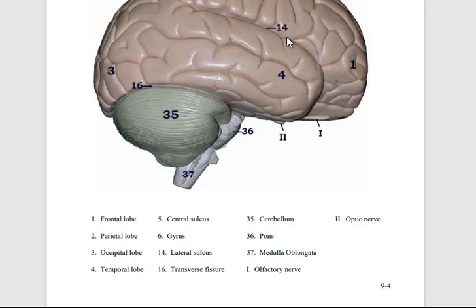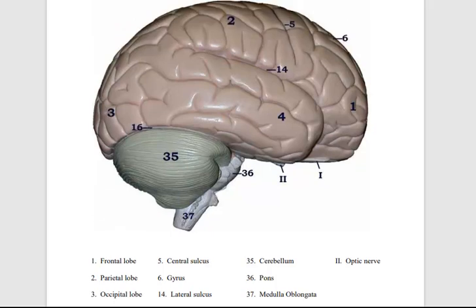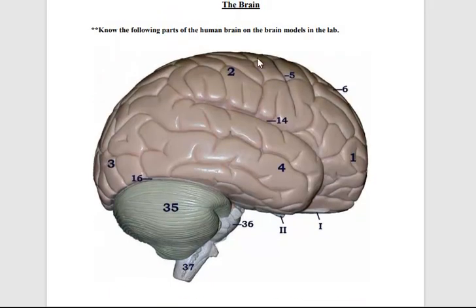And then the central sulcus is the one that's mislabeled, and it's the one that comes down right here and meets 14, the lateral sulcus. And number 6 is randomly pointing to one of these parts that's sticking out. It's a gyrus, but it would be easy to mistake that for the frontal lobe.